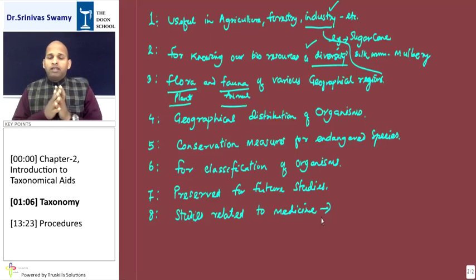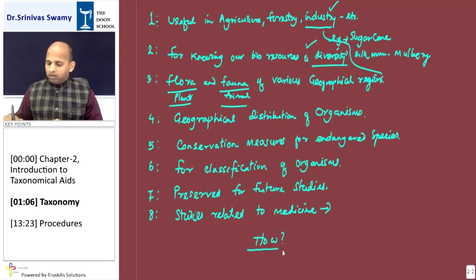So for this, taxonomical study is essential, and taxonomical aids need to be understood, how they help in carrying out this study. Okay, so how can it be done? The next question that comes to our mind is how this could be carried out, or what are the aids used for taxonomical studies?